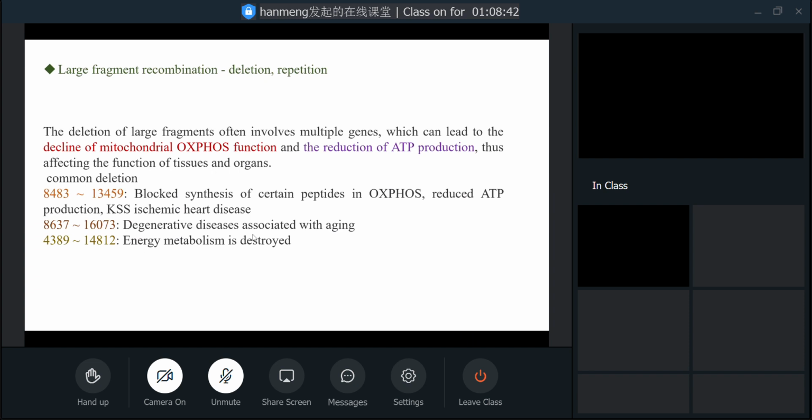And another common deletion is the 4,389 to 14,812. Most affect the energy metabolism is destroyed.